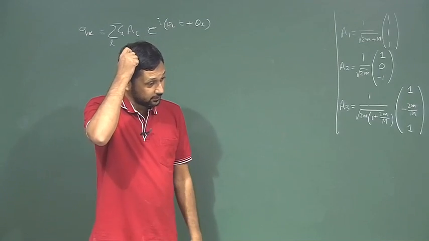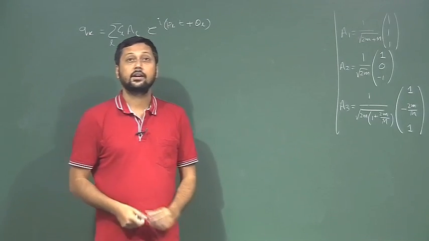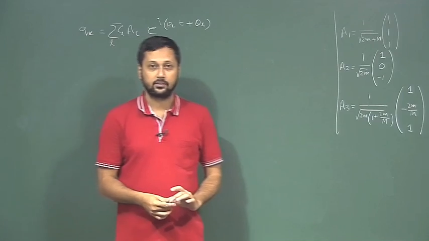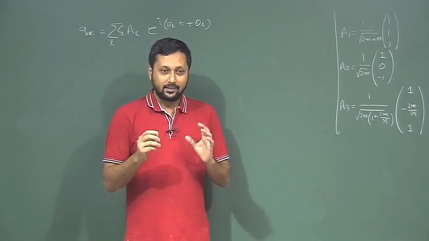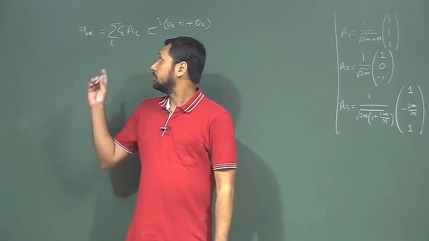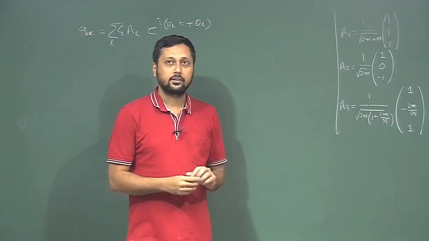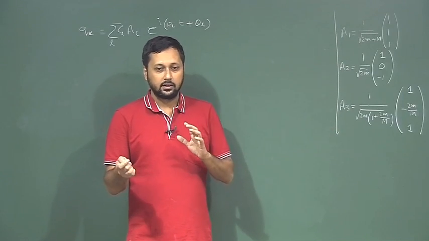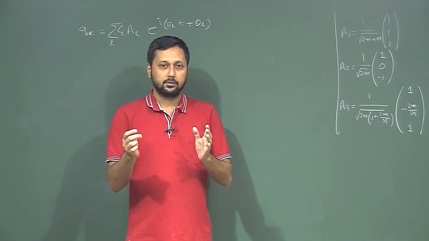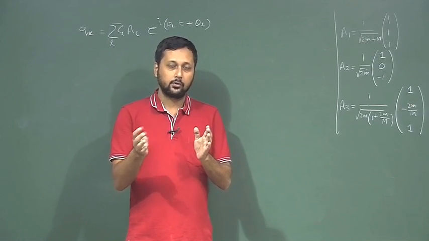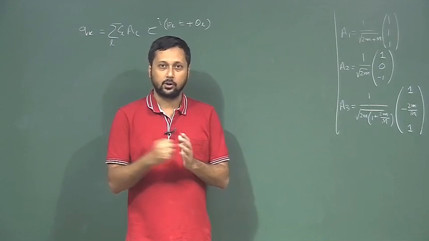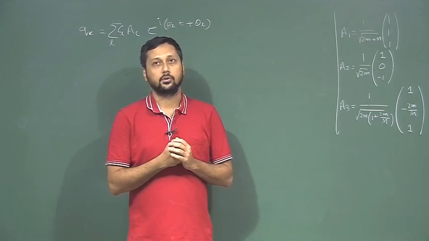Right now we have discussed the symmetric stretching and antisymmetric stretching of a triatomic molecule. By virtue of these normalized eigenvectors, I can tell you the proportion, I mean the relative motion between these atoms. But what is the magnitude of it?